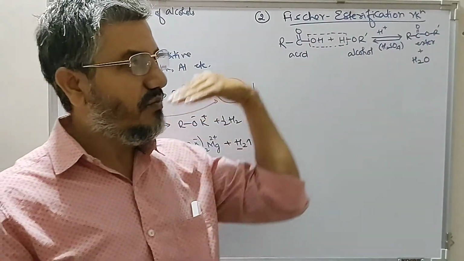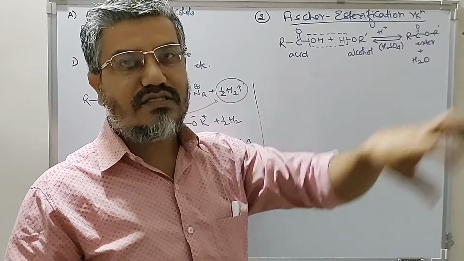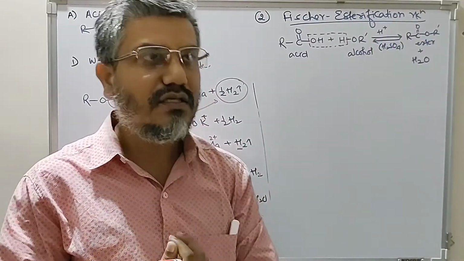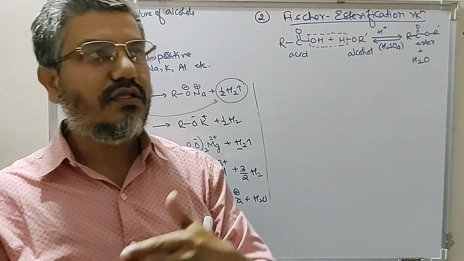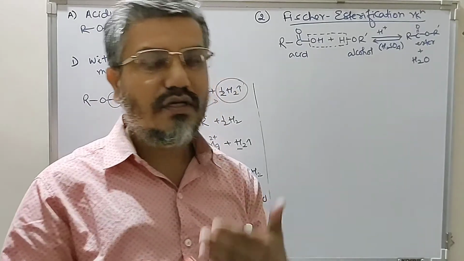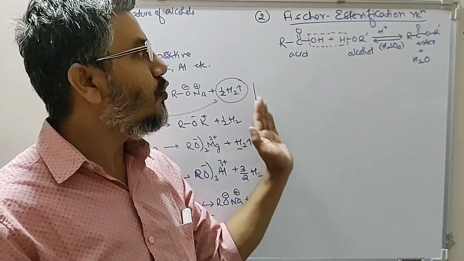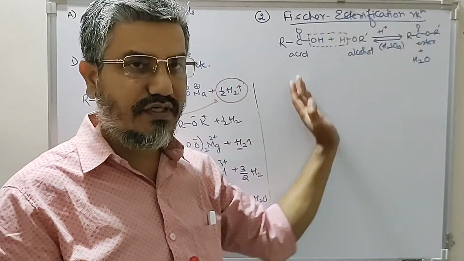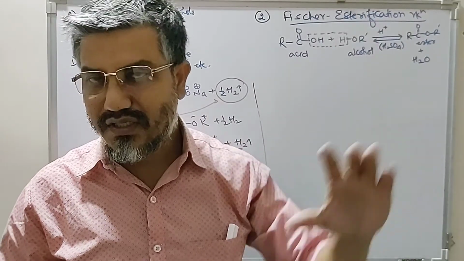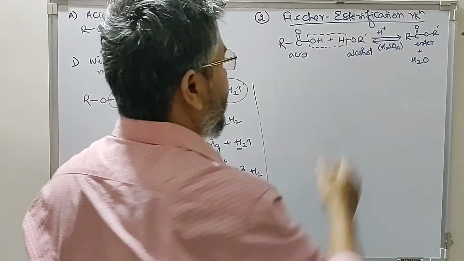If the equilibrium is shifted to the forward direction, the quantity of esters is increased. So this is the reason why during Fischer esterification the water formed should be continuously removed, that is, to increase the yield of ester or to shift the equilibrium in the forward direction. So keep this thing in mind.